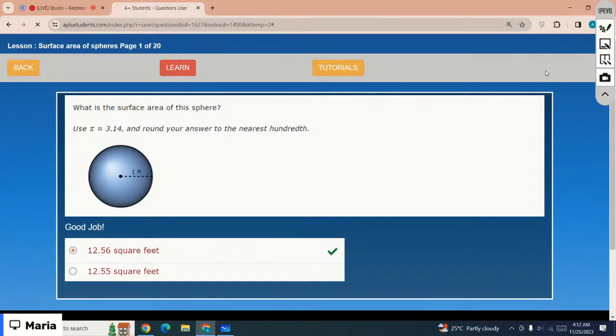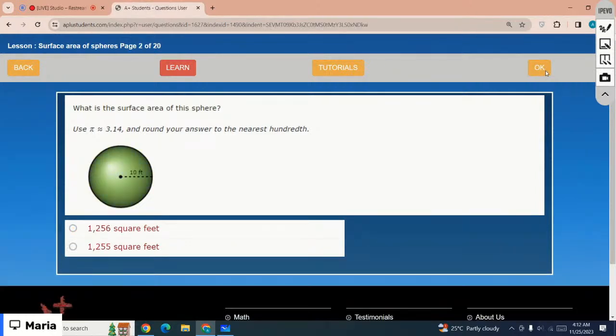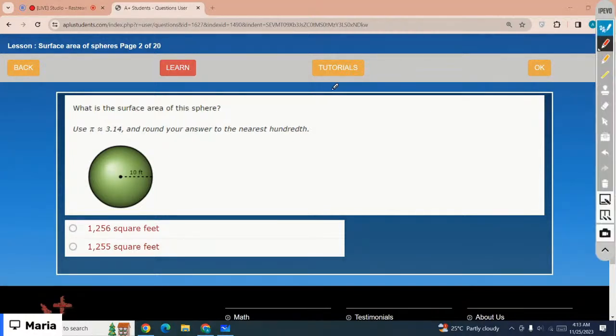Okay, the next one is, what is the surface area of the sphere? Which is the correct option? You have to use the formula to calculate the surface area, that is 4 pi r square. R is 10.